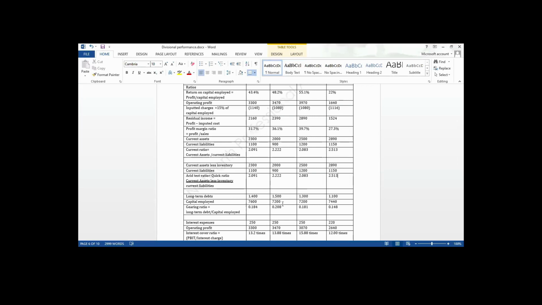You can also calculate your capital employed as total assets less current liabilities. We are taking this because we are still under divisional performance, and when we are taking economic value added, this will come back to us.